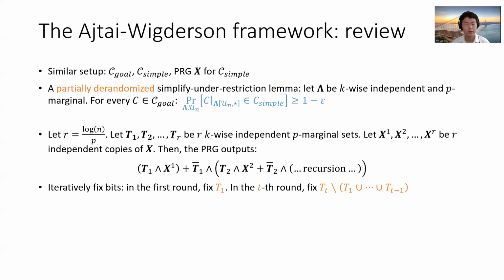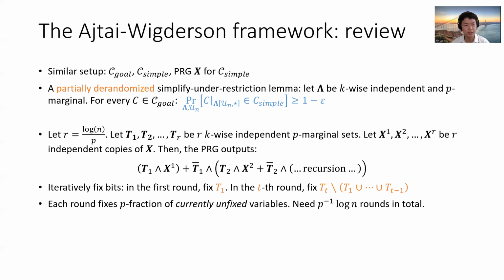After that, we will keep T1 part always fixed and fill in remaining parts. In general, in the Tth round, the PRG fixes the coordinates given by the T set minus the previous sets. Each round fixes roughly P fraction of currently unfixed variables. So we need log n over P rounds to cover all the coordinates with high probability.